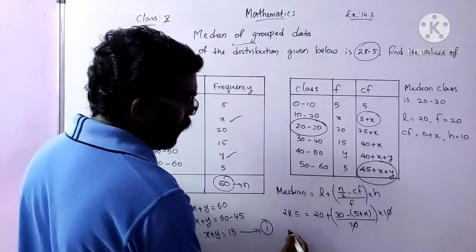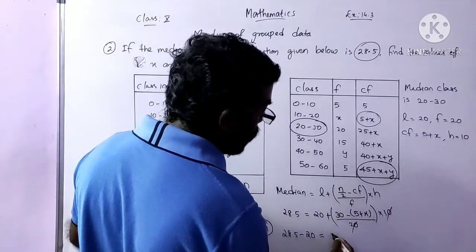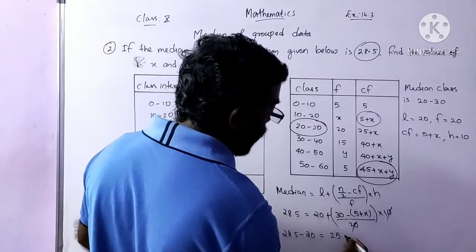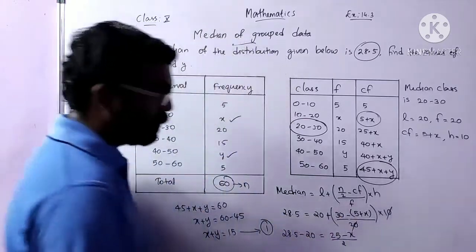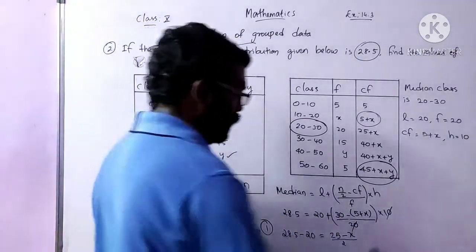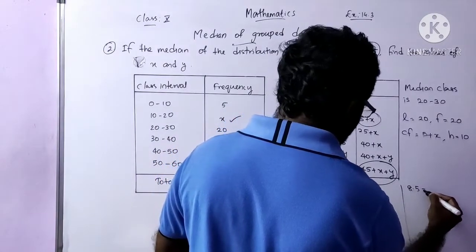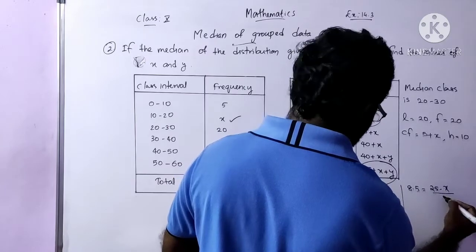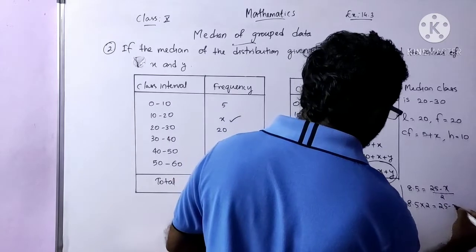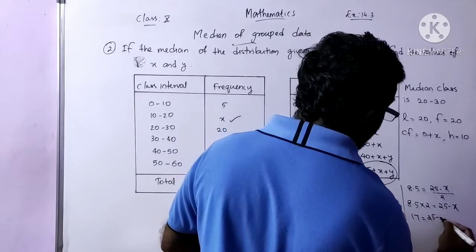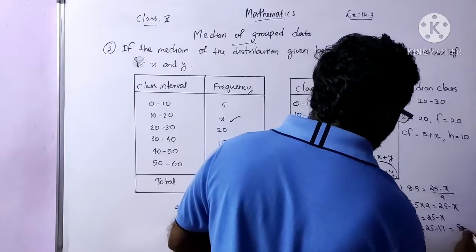We can take 20 to the left side. 28.5 minus 20 is equal to 30 minus 5, that is 25, minus x, divided by 2. That is 8.5 is equal to (25 minus x) divided by 2. 8.5 into 2 equal to 25 minus x. 17 is equal to 25 minus x, or x is equal to 25 minus 17, which is equal to 8.